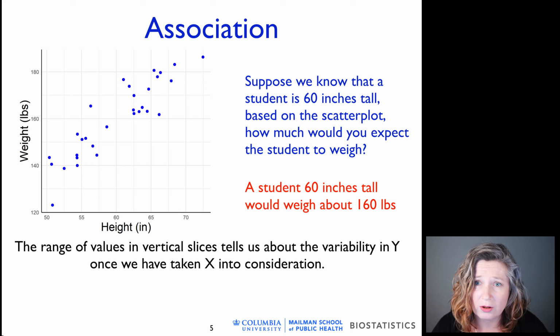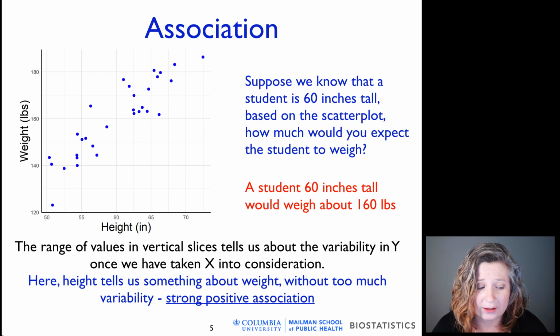The range of values in the vertical slice around 60 inches tells us also something about variability in the outcome once we have taken x, the height, into consideration. Here, the variability around the imaginary line is pretty small, so we can talk about a strong positive association. Very often when we talk about associations, we use words such as strong, moderate, weak associations.